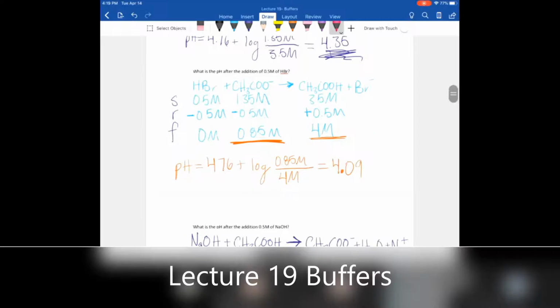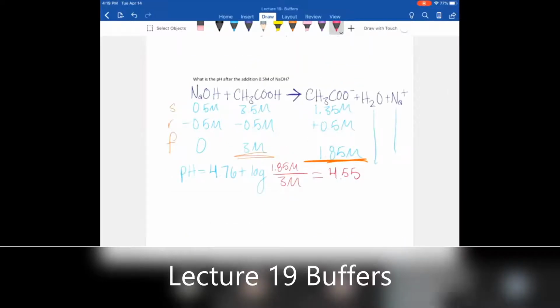And also, the reason why there is such a change is because the ratio of acid to base is what's changing. So it's either getting bigger or smaller. If you're adding base, the ratio is getting smaller. If you're adding acid, the ratio is getting bigger.